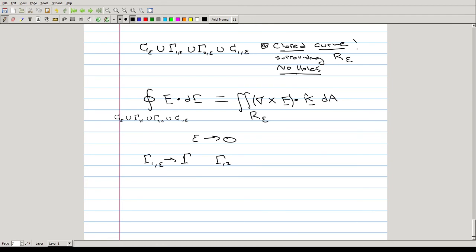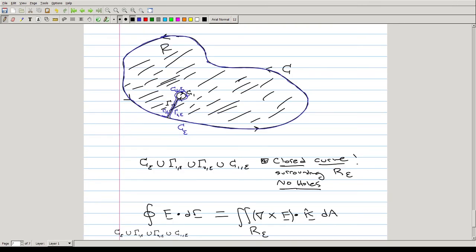As does gamma 2 epsilon, but gamma 2 epsilon becomes gamma traversed in the opposite direction. Because on the blue curve we traverse like this on gamma 1 epsilon and the opposite direction on gamma 2 epsilon.